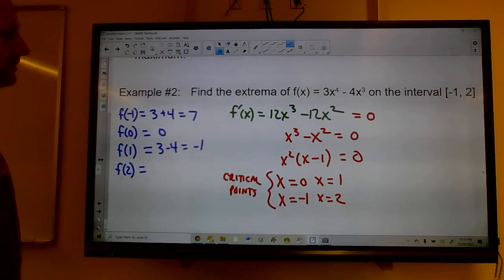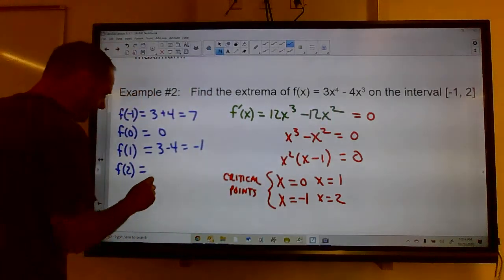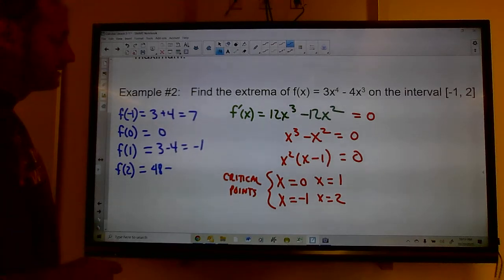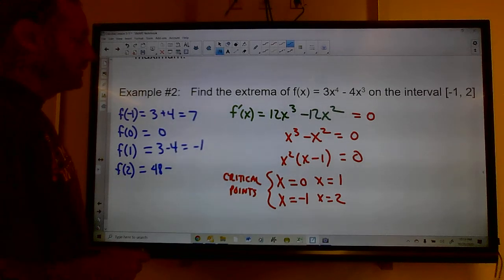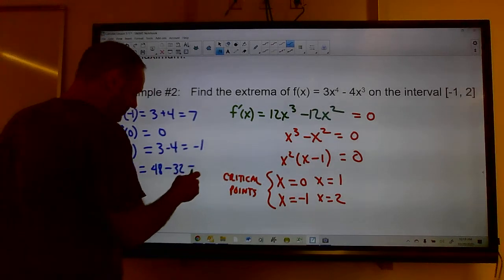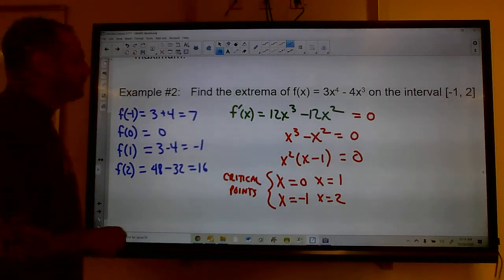And f of 2, that's going to be 16 times 3 is 48, minus 2 cubed is 8, times -4 is -32, so this is going to be 16. Okay, so here's my values at the critical points.